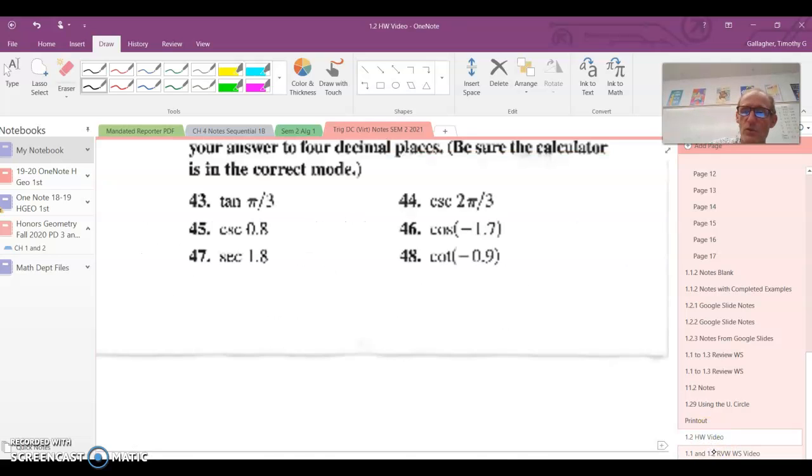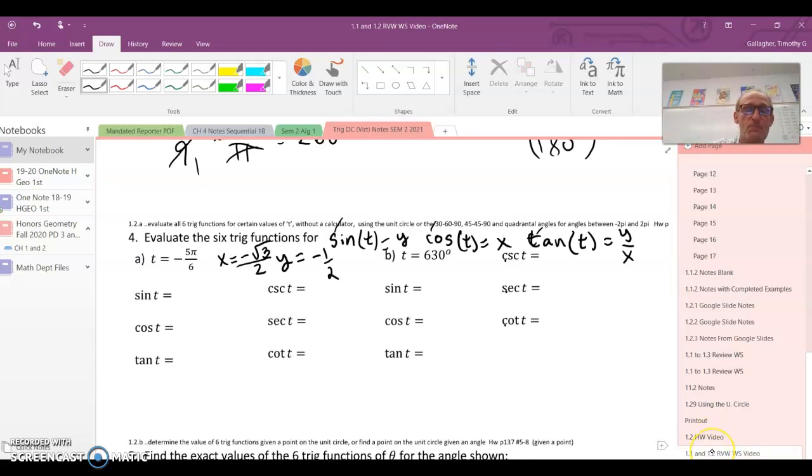Okay? So here's your x, here's your y. Substitute those values in. The sine of t is equal to negative 1/2. The cosine of t is negative square root of 3 over 2.